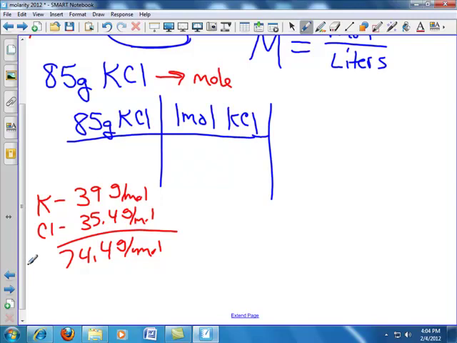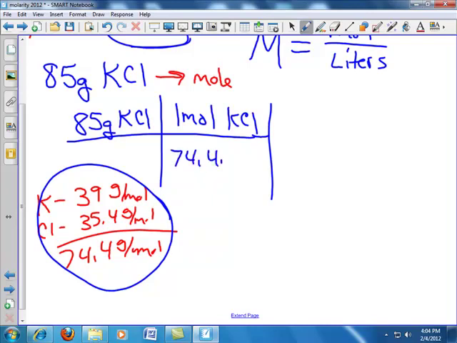Okay, and so this right here, I never want to see that calculation. What you should do is take out your calculator and type in 39 plus 35.4 and be done with it, and then just write down what the molar mass is in your problem. So 74.4 is what you write here.